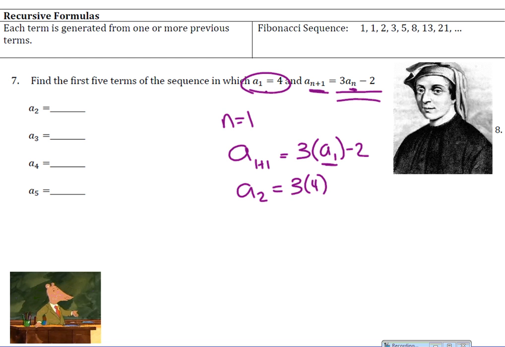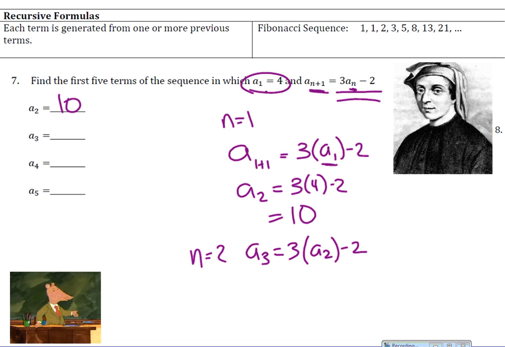So 3 times 4 minus 2 is 10. So my second term is going to be 10. Now if I let n equal 2, then to get the third term, I'm going to take 3 times the second term minus 2. So that's going to be 28.